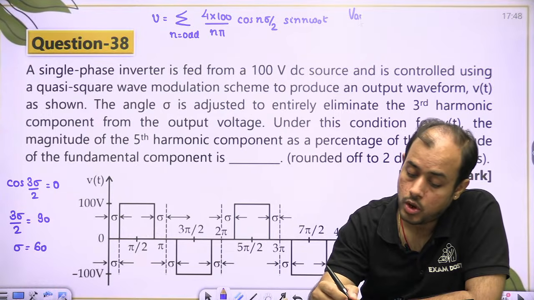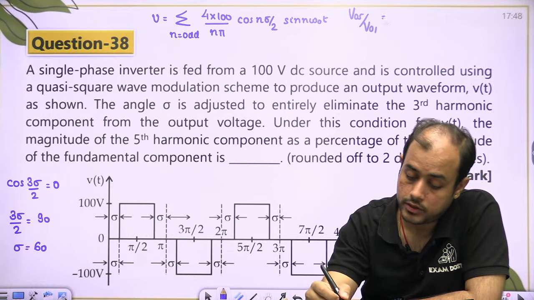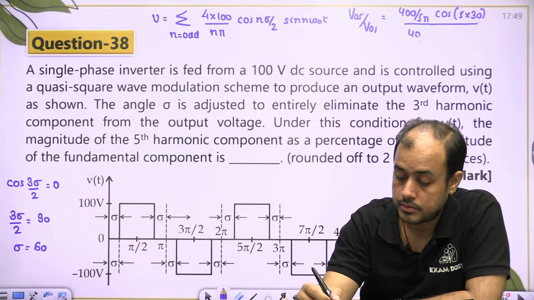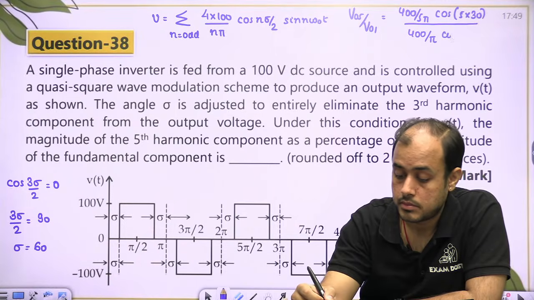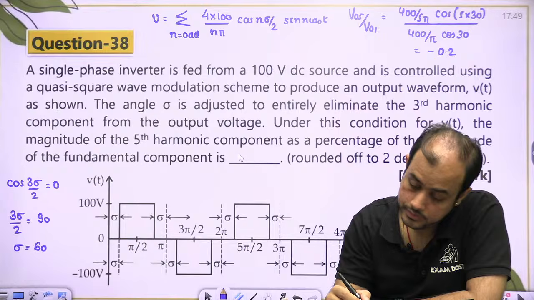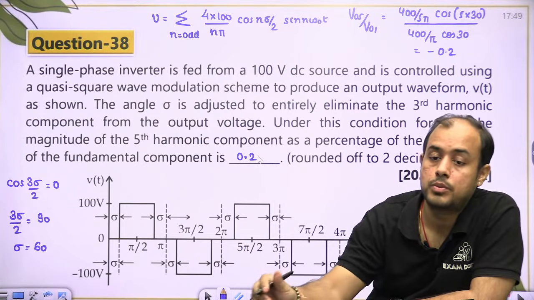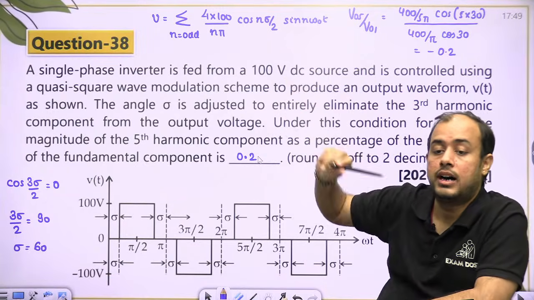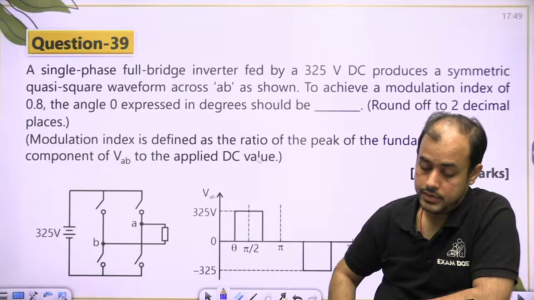So now when you want to find V05 by V01, sigma is 60, sigma by 2 is 30. Cos 150, cos 30 are same. So you can say magnitude it is asking 0.2. Magnitude wise it is 0.2. This is the Fourier series of a quasi-square wave.